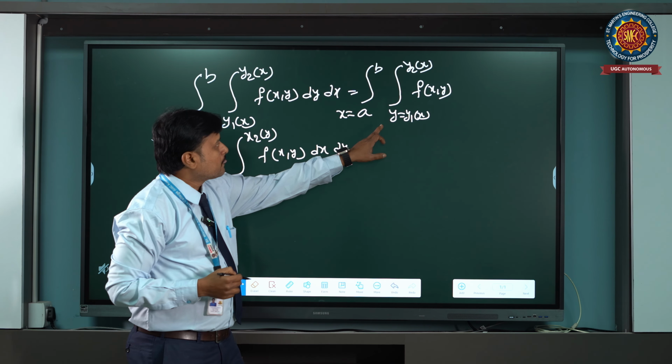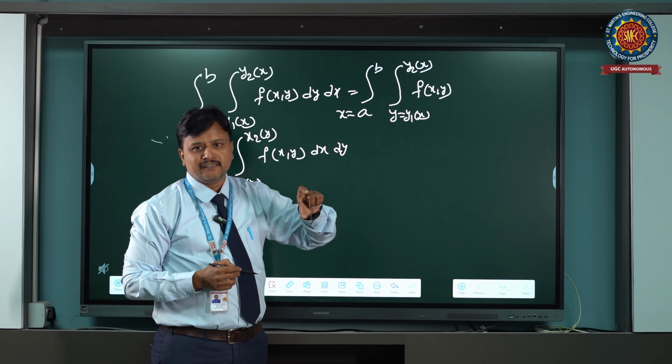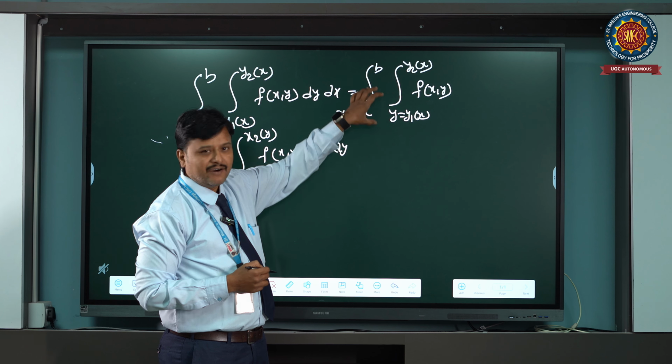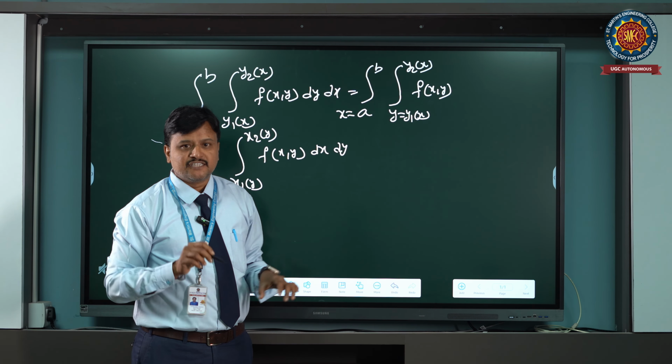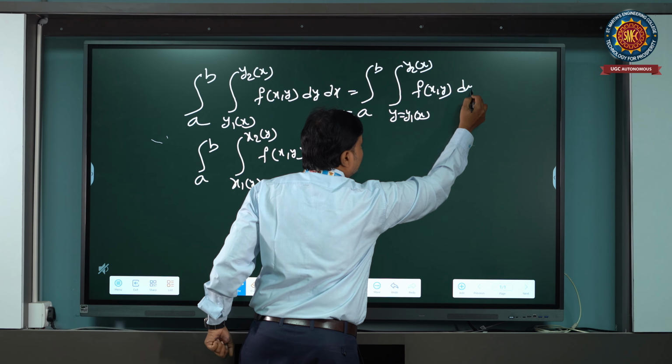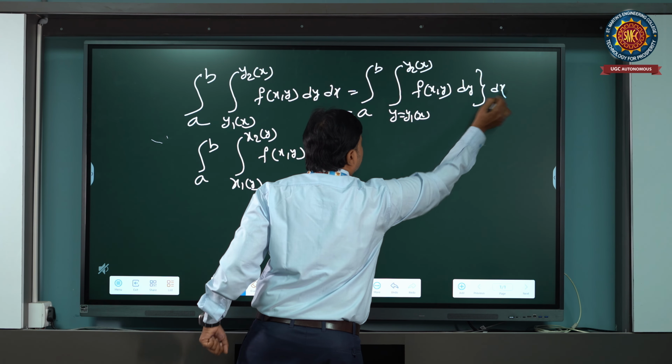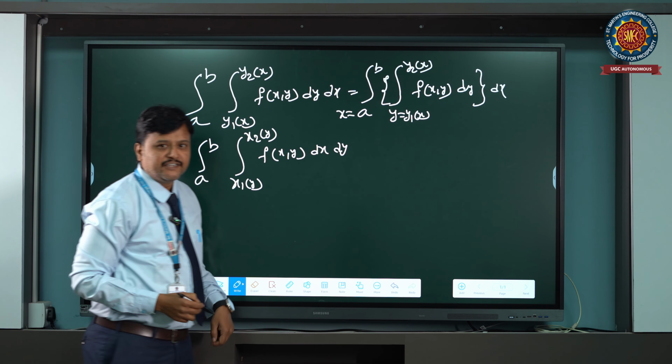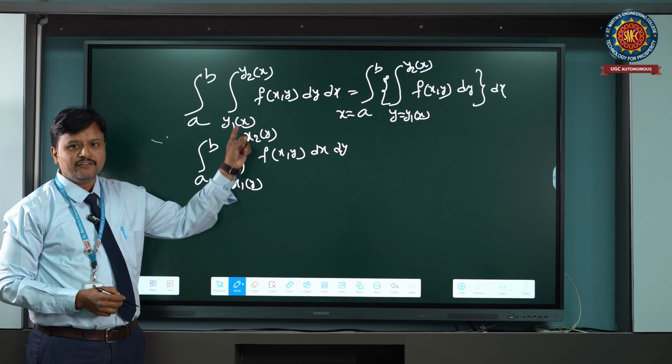First we see the interior limits. Interior limits are y limits, so first always with respect to y, then with respect to x, dy then dx. So first integration with respect to y, then with respect to x.